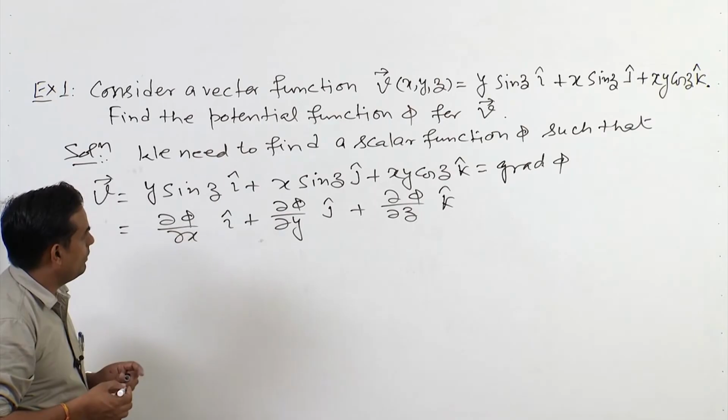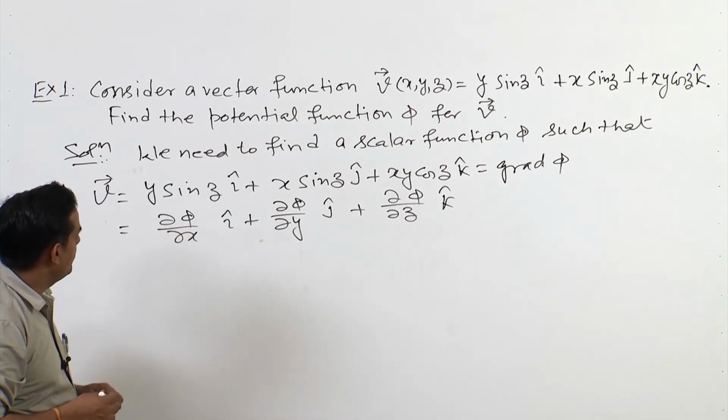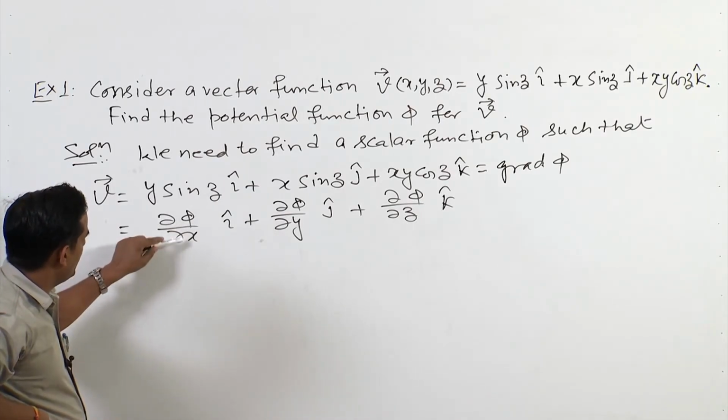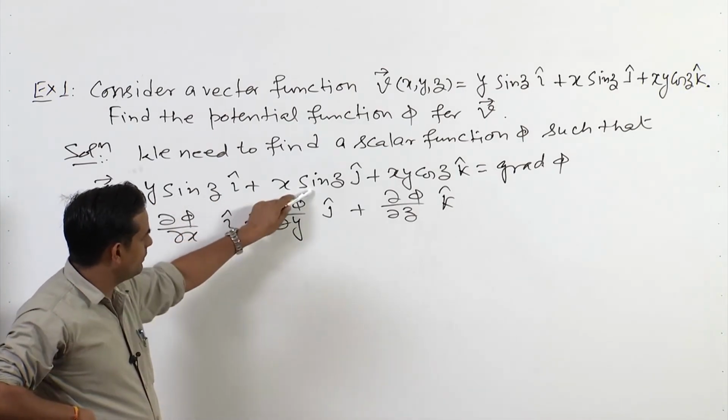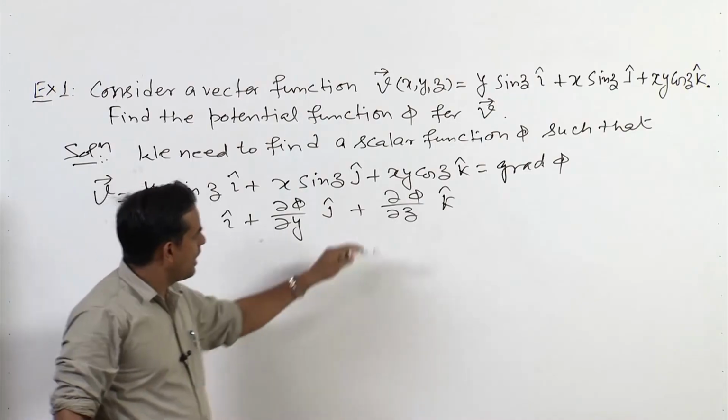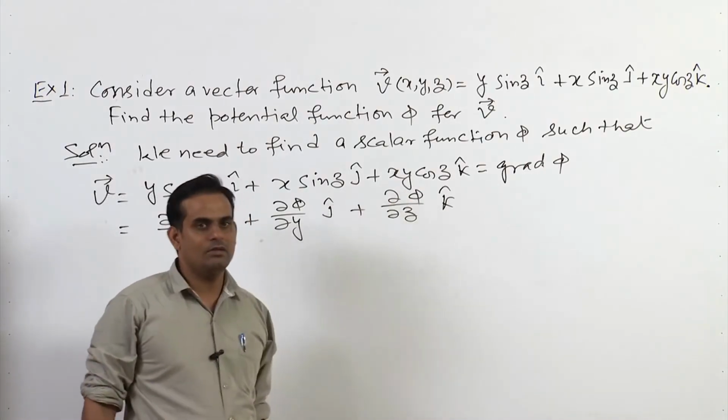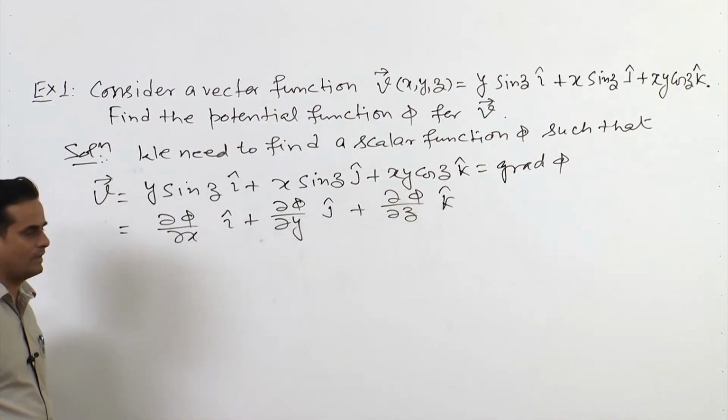So, we need to find a function phi such that del phi over del x equals y sin z, del phi over del y equals x sin z, and del phi over del z equals x y cos z.